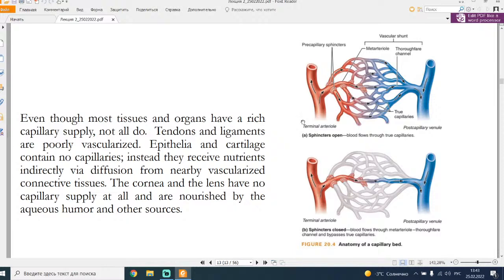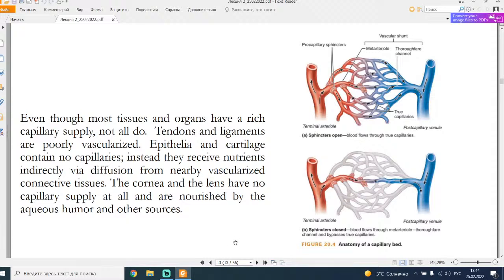Even though most tissues and organs have a rich capillary supply, not all do. Tendons and ligaments are poorly vascularized. Epithelia and cartilage contain no capillaries.